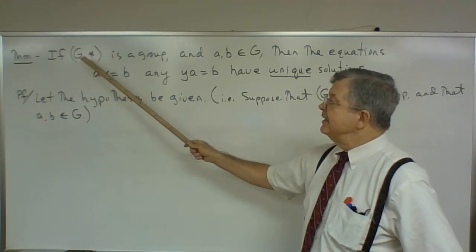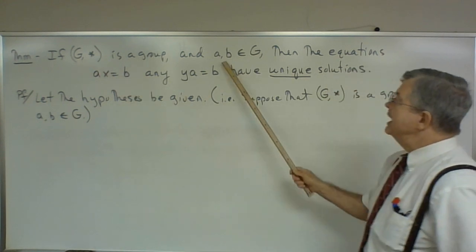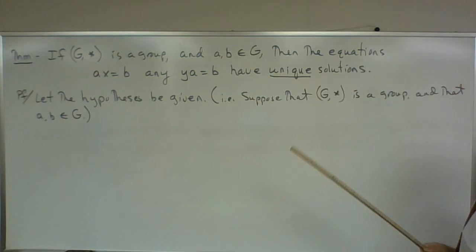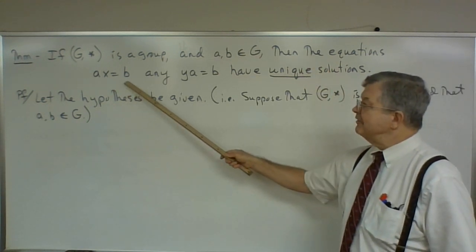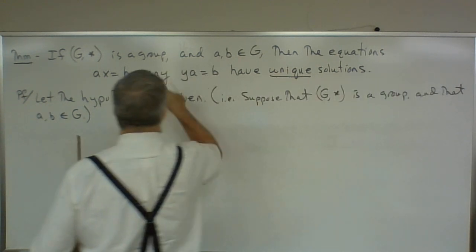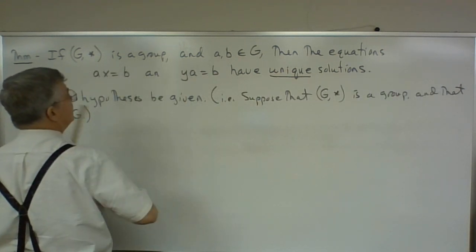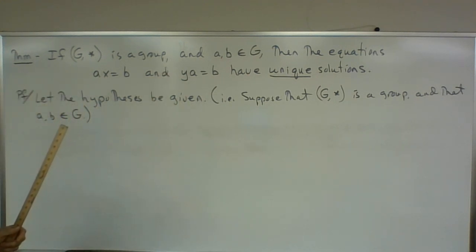If G is a group with binary operator star, and A and B are elements in G, then the equations A star X equals B and Y star A equals B have unique solutions.